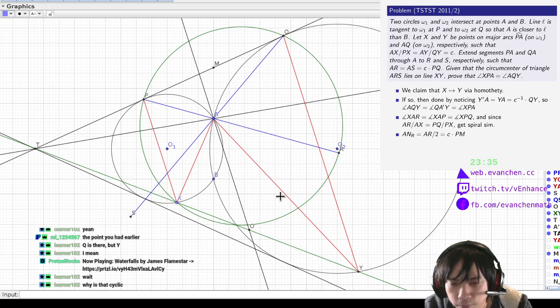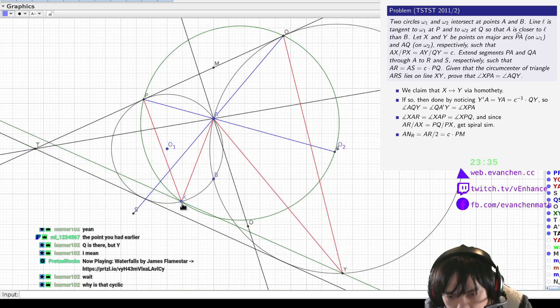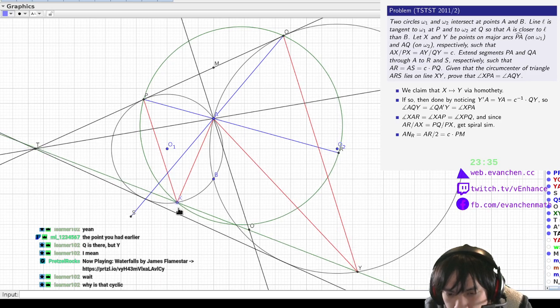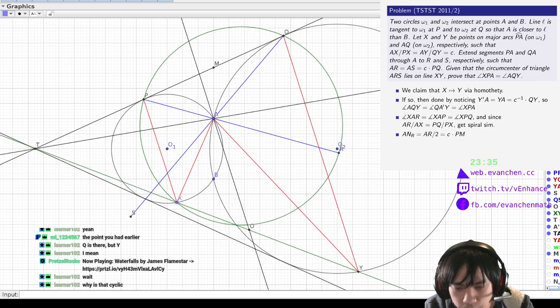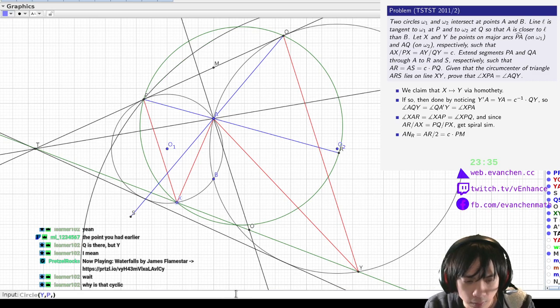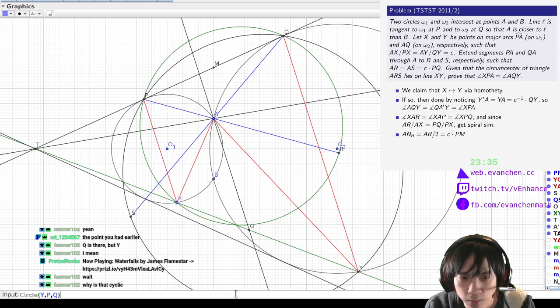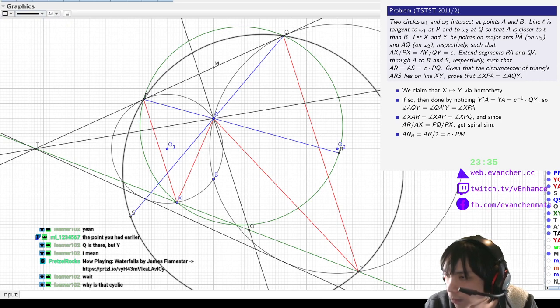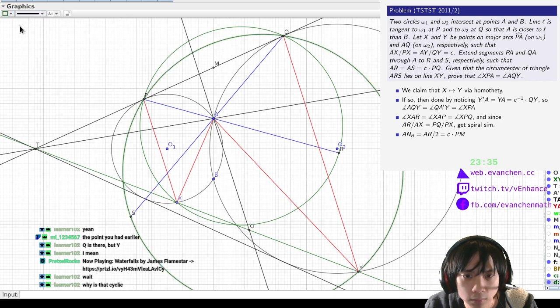I really should have called him earlier. Not only is it cyclic, I think when it's cyclic it passes through a useful point here. Oh, these circles are very strong. These second intersection points are also showing up now.